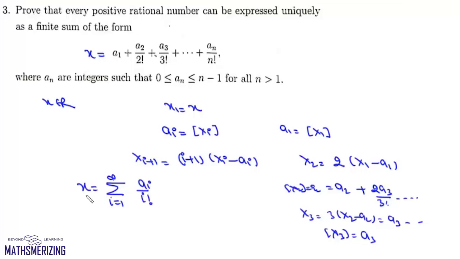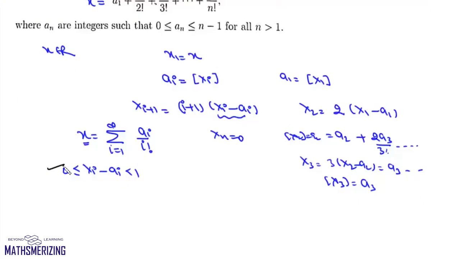And if x is any rational number, then this sum will terminate at some n where xn will be 0. Now since ai is the greatest integer function of xi, we can write xi minus ai will be greater than or equal to 0 but less than 1.